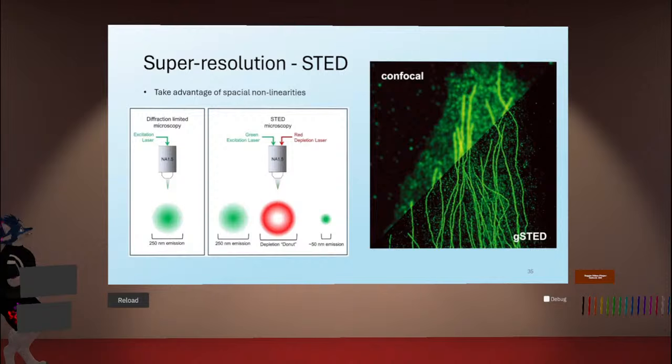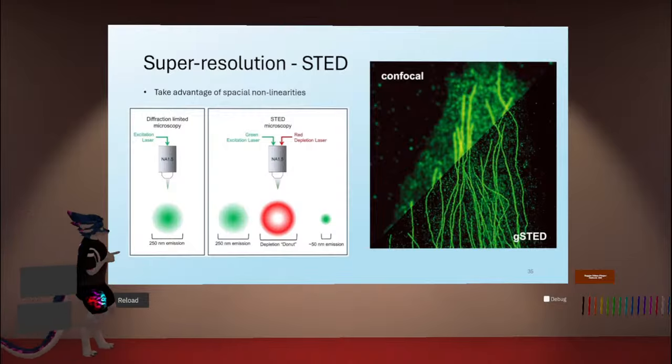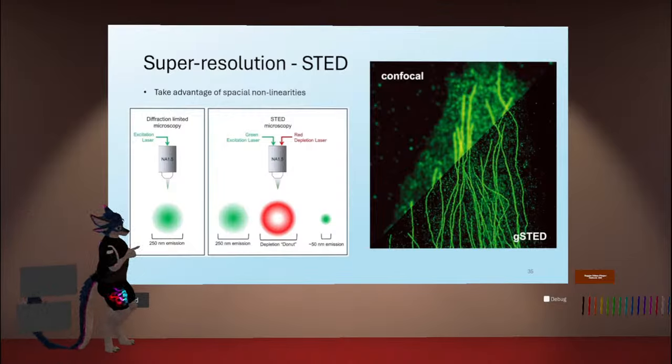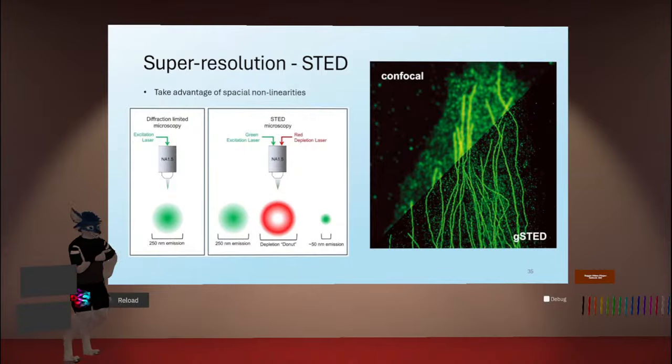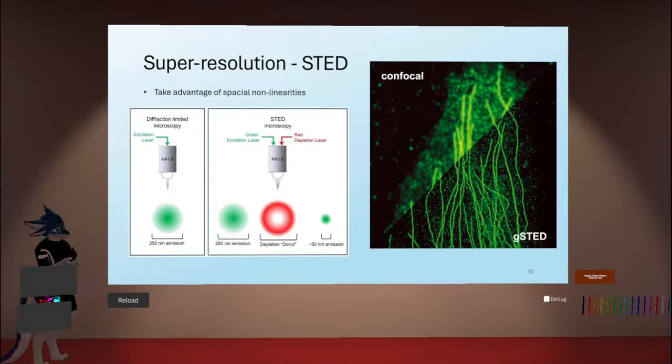The only super resolution technique I'll talk about is STED, because it's the only one that I've bothered to understand that I also don't think is bullshit. You can take advantage of the fact that these fluorescent regions are not bound by your diffraction limit. So normally in any imaging system, you're bound by a diffraction limit, which is generally like lambda by 2.